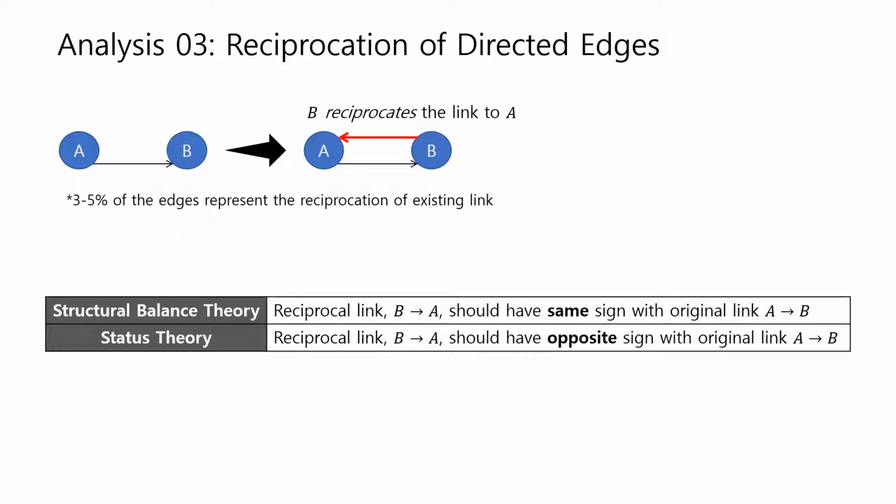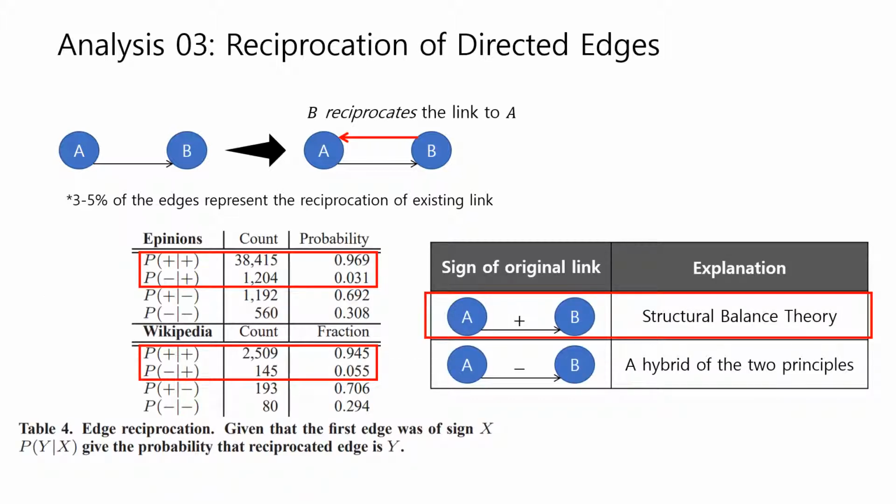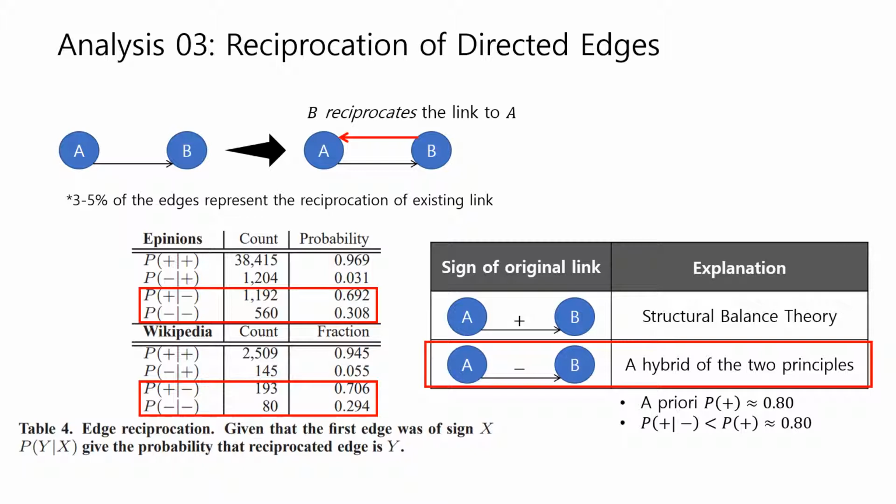In contrast, in status theory, reciprocal links should have the opposite sign of the original link. The result shows that when the original link was positive, structural balance theory is more plausible than status theory. However, if the sign of the original edge was negative, then a hybrid of the two principles was needed.